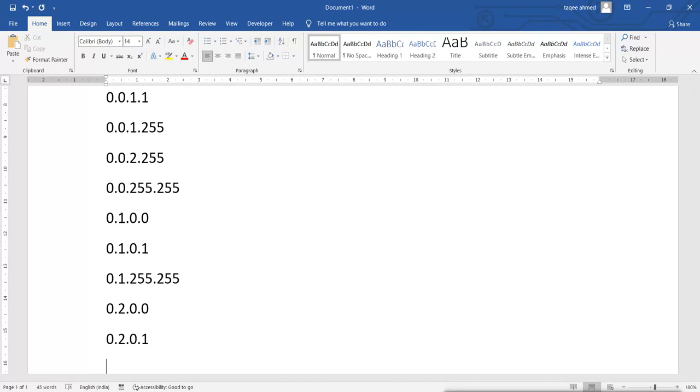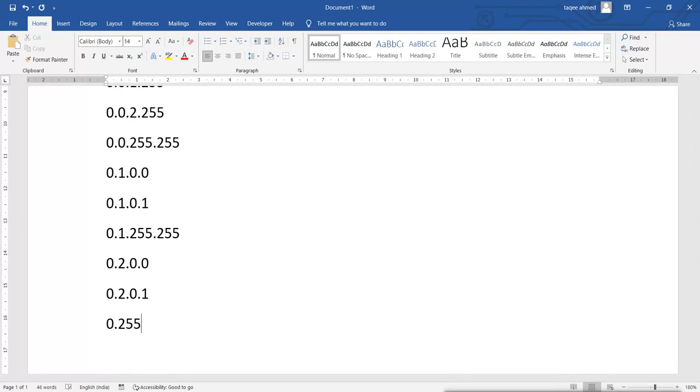One time comes when this will be on 255, this will be on 255, and this will be on 255 also. Then the next will be this will change and this will be 0 again.